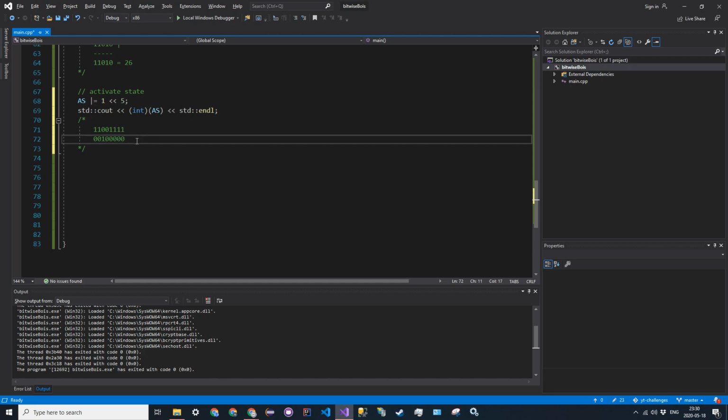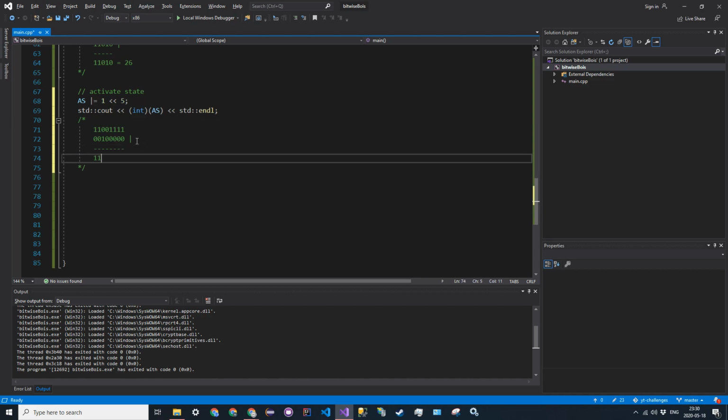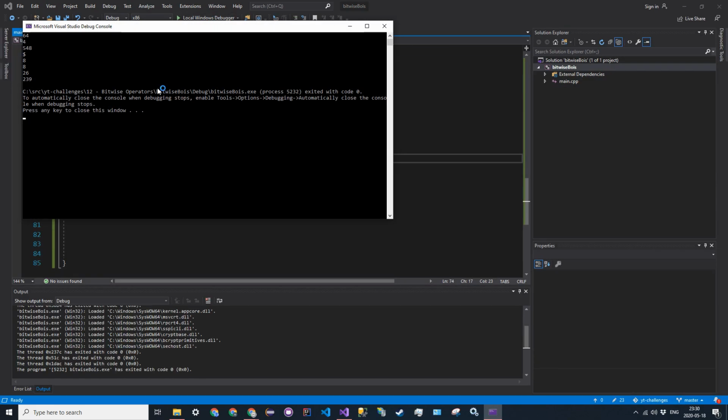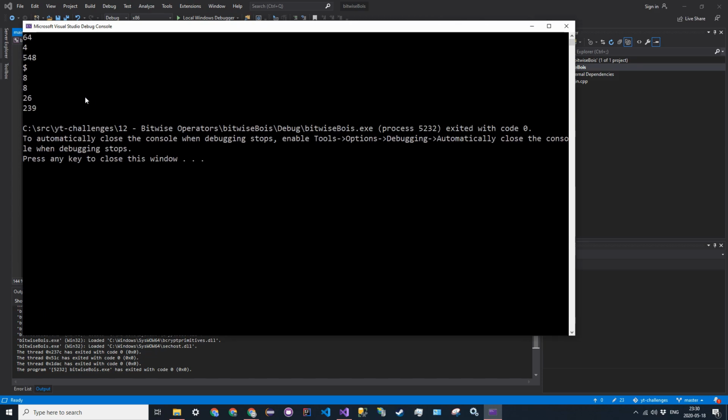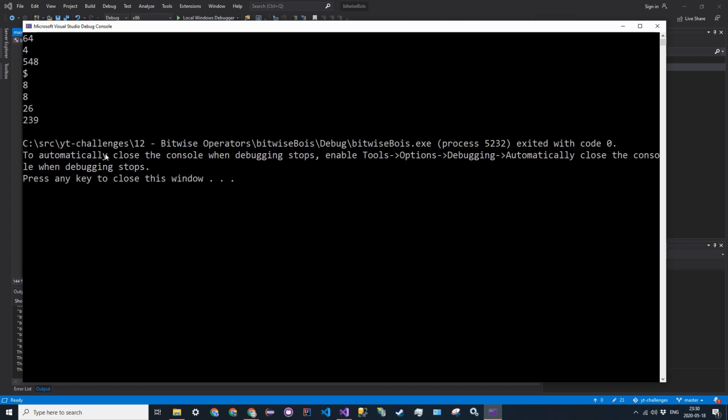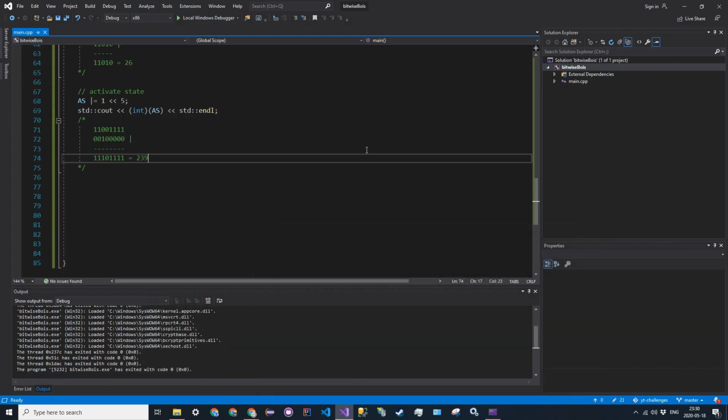And if we bitwise OR the two, we're just going to do the same exact process. So we're going to get 1, 1, 1, 0, 1, 1, 1, 1, just like that. And that I believe is equal to 239. And if we run this, we should get a 239, and we do. Good. Can I make this bigger? I can. Look at that. All right, so I'll just leave that open so you guys can see that. So that's how you can activate a state.